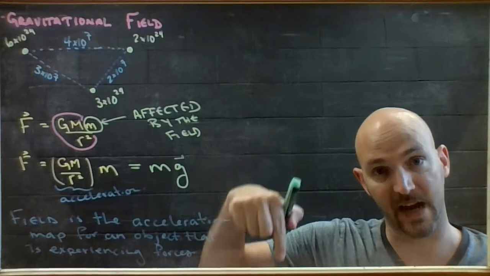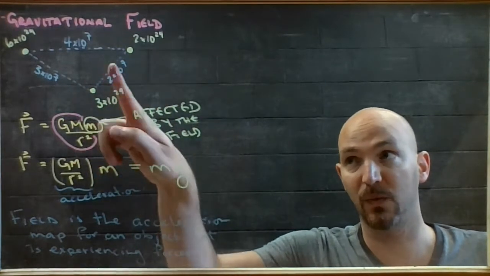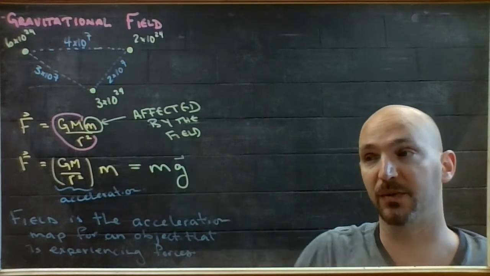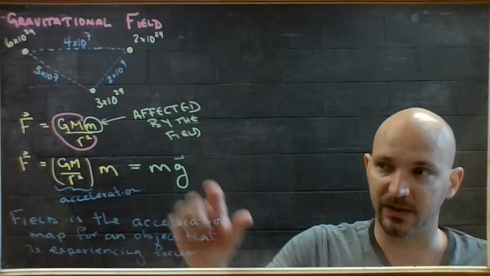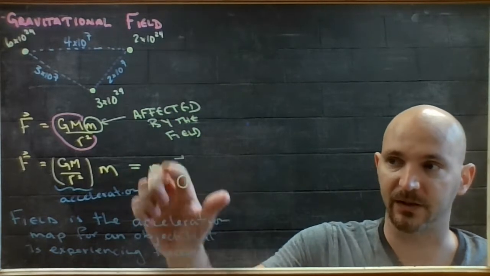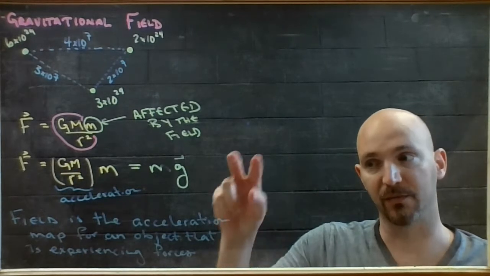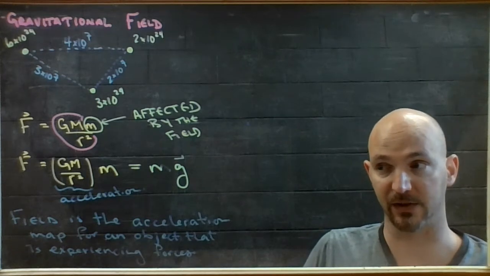On Earth, it's down. In this particular example, it will be somewhere like that, attracted to that one, and passing somewhere between them. So when we're trying to calculate gravitational field, it's this thing that I'm after, calculated by GM over r squared for each object that is contributing to the field of that location.